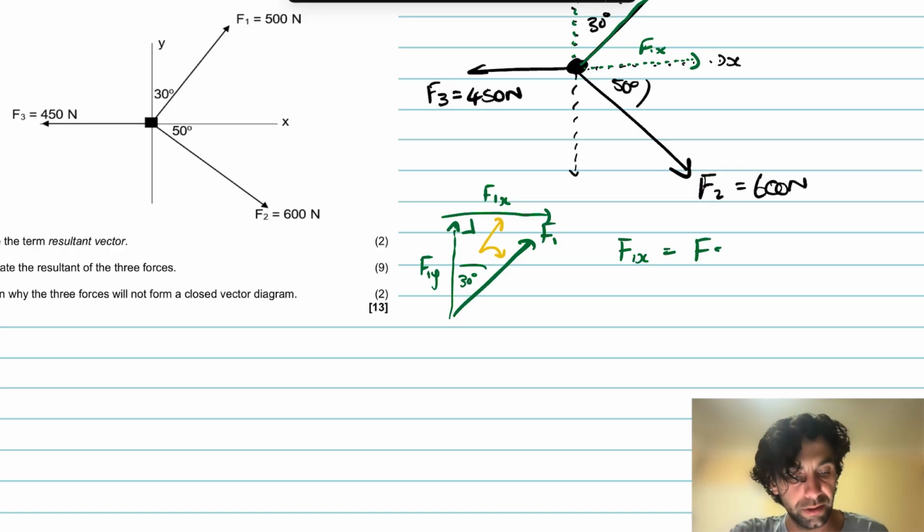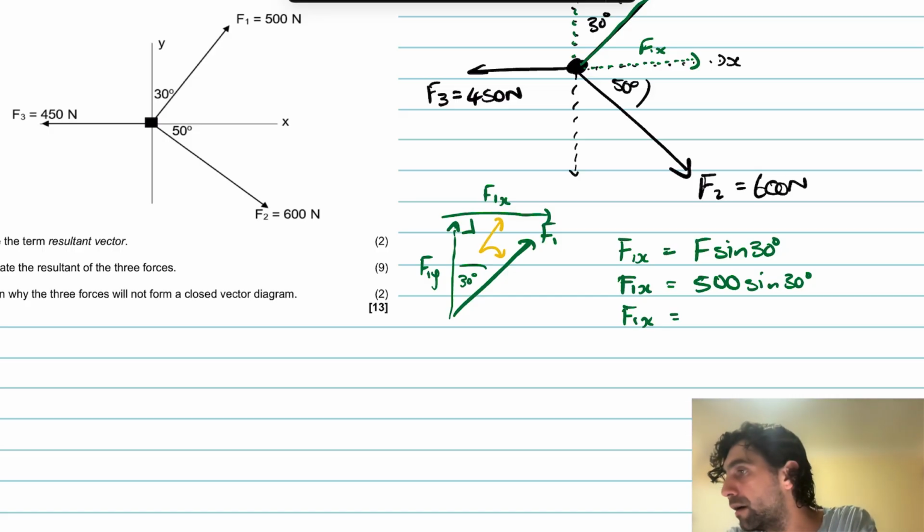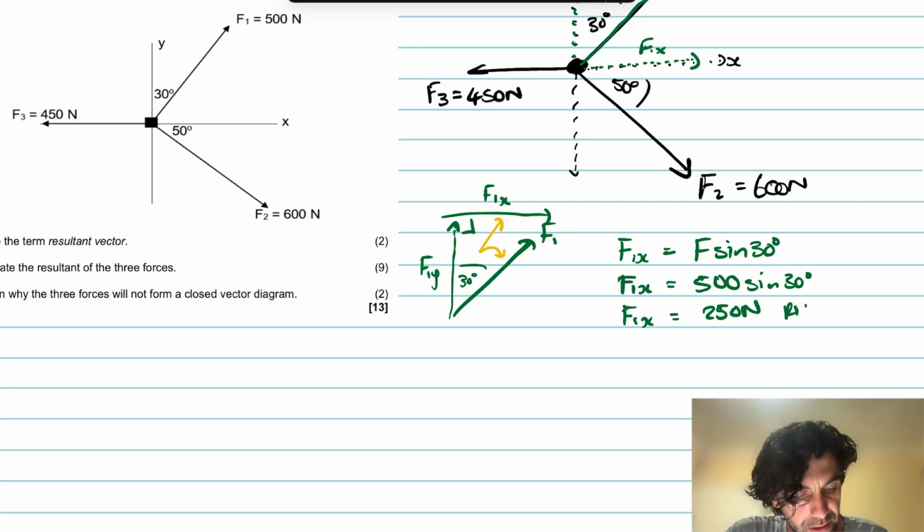Opposite over hypotenuse is going to give you sine, so we have F sine of theta. In this case, I'm just going to write 30 degrees there. We can solve this quickly, or we can leave it in its current form and substitute it later. It's completely up to you. Let's quickly see if we have an answer for this. This is 500 sine 30, which is 250 newtons to the right.